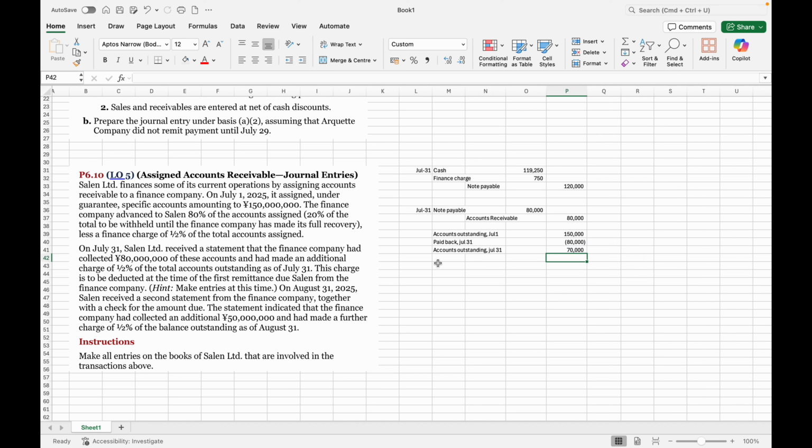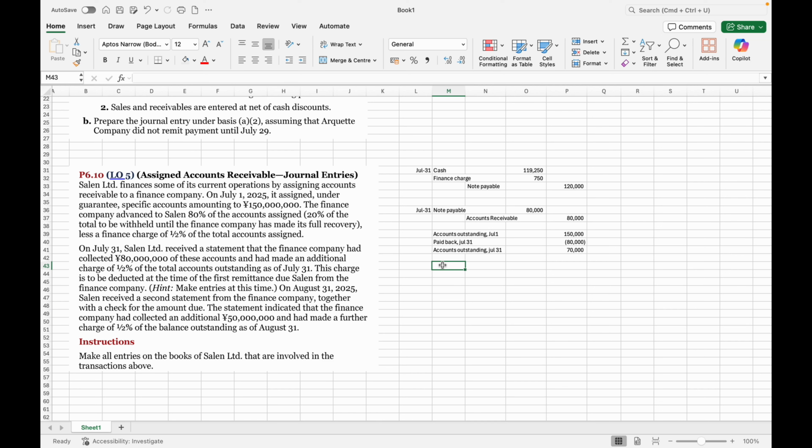So now you can see that the account outstanding as of July 31st is 70,000 because the initial loan amount is 150 and we have already quote-unquote paid back 80, so we have only 70 left to receive.